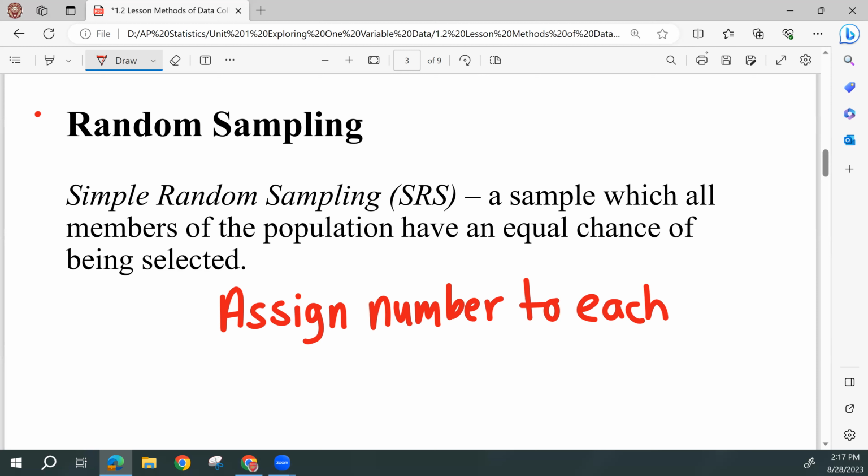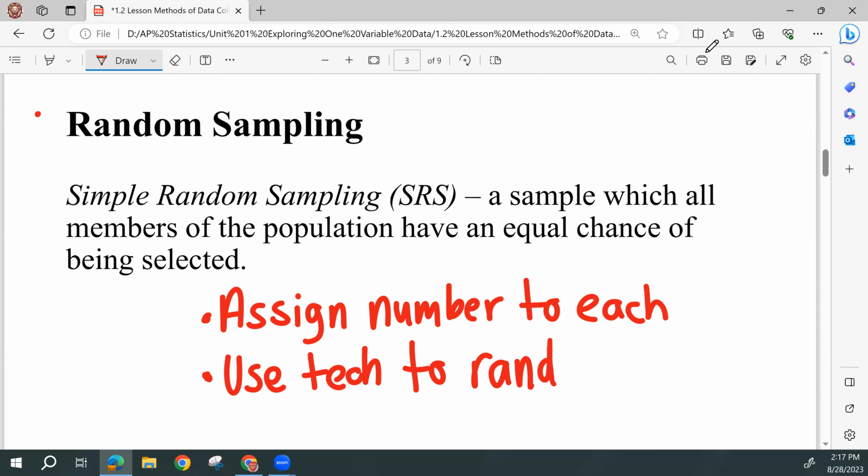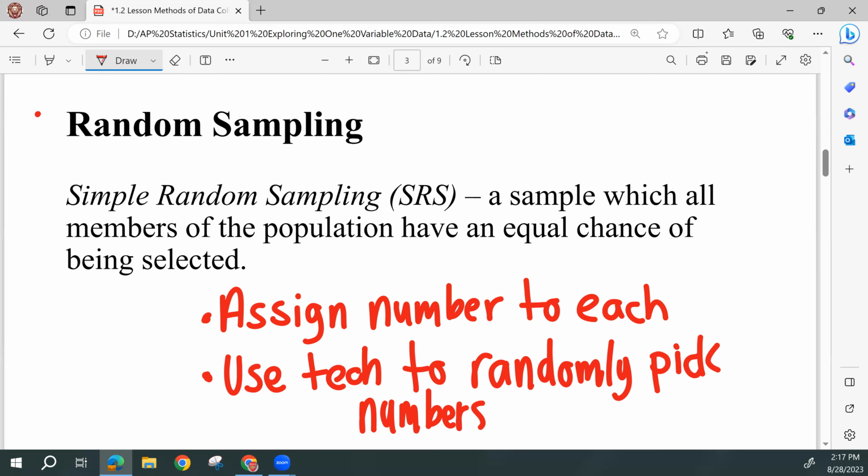You get the point. Everybody is assigned a unique number, and then we can use some sort of technology, in our case a calculator, to randomly generate or pick numbers. So we have these 6-digit numbers I'll stick with.